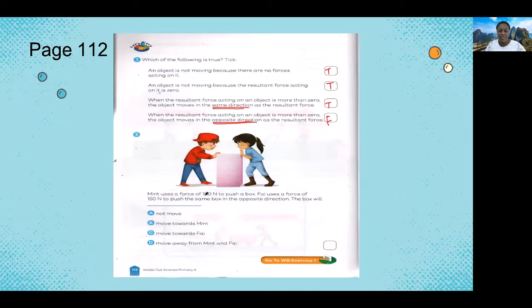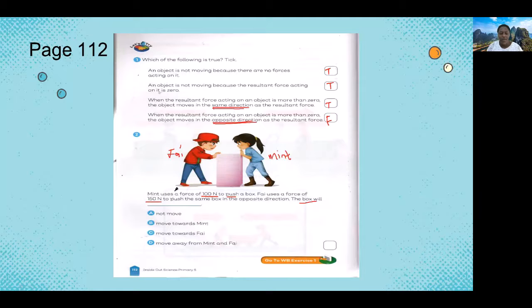Now the last one, number 2 here. Mint uses a force of 100 newtons to push. Pay uses a force of 150 newtons to push. In which direction will the box move? This is Mint, and this is Pay.